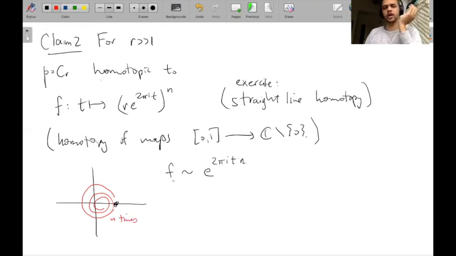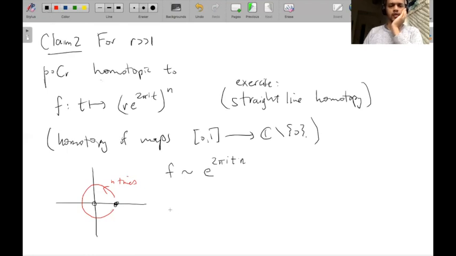And we saw from our computation of the fundamental group of the circle that this element has to miss the origin. So you do this N times. This element is non-trivial in the fundamental group of the circle and also in the punctured complex plane.